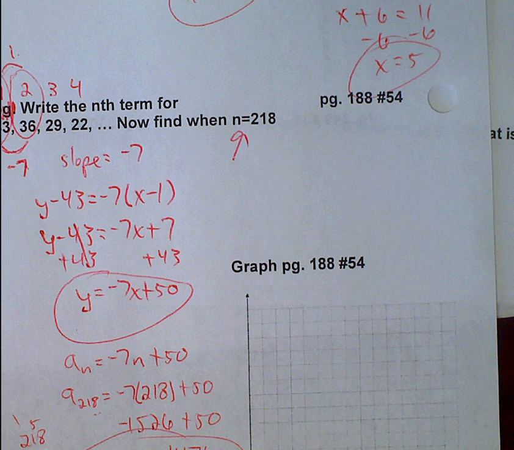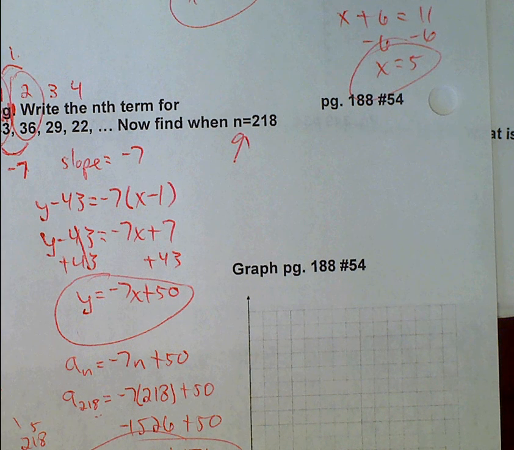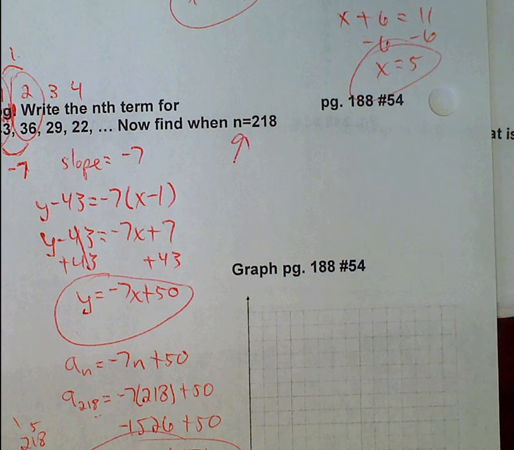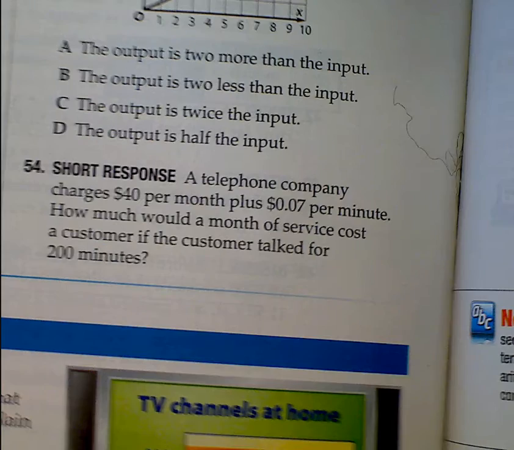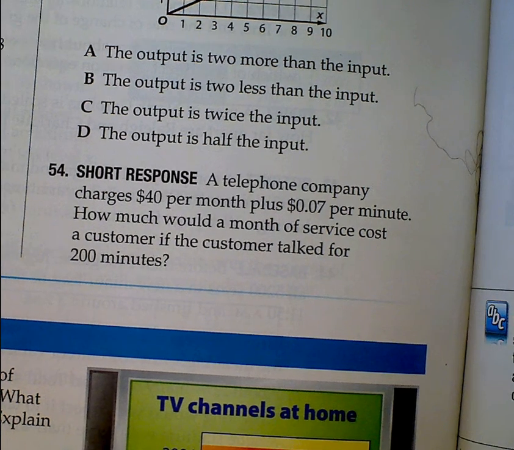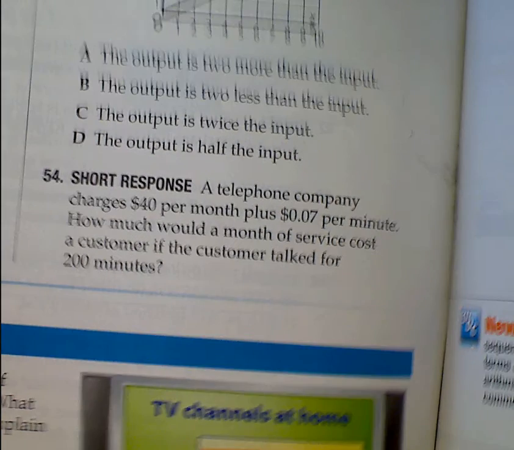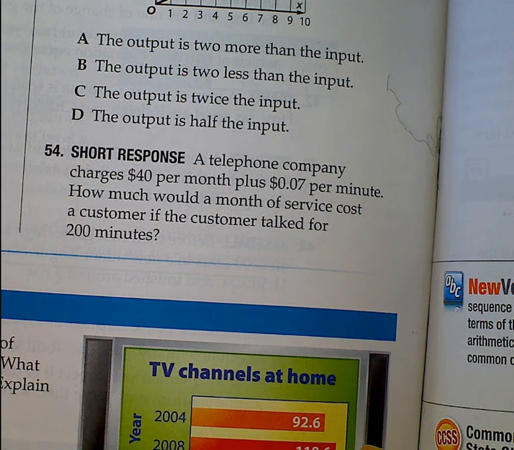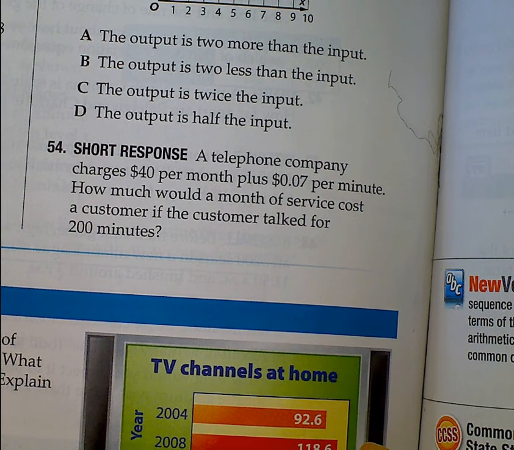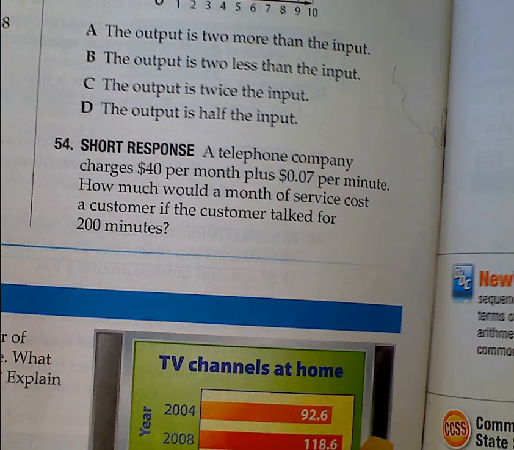Page 188, number 54. A telephone company charges $40 per month plus 7 cents per minute. How much would a month of service cost a customer if the customer talks for 200 minutes?